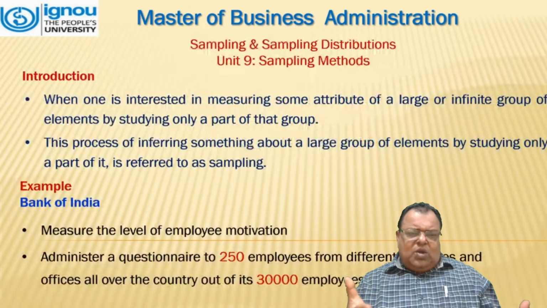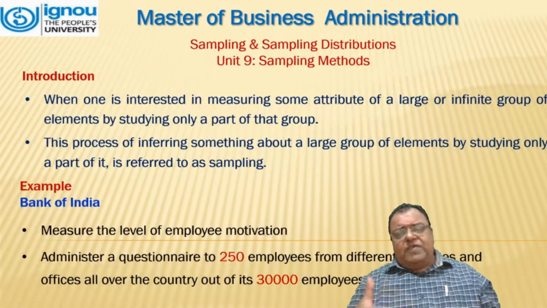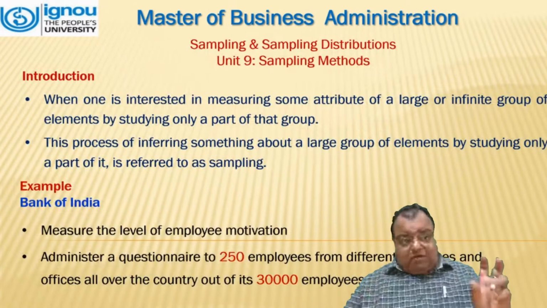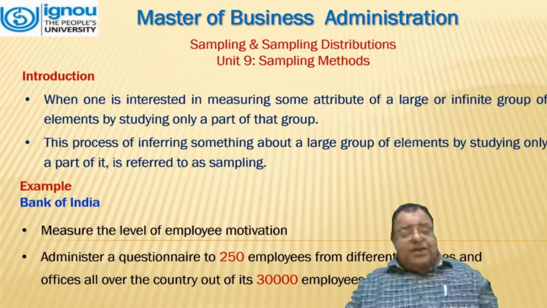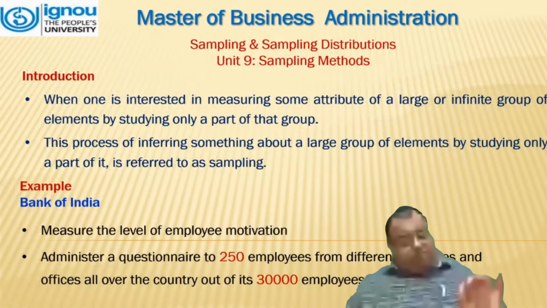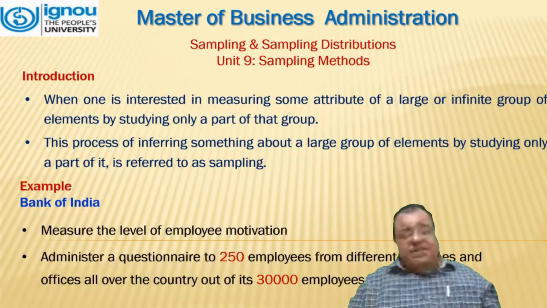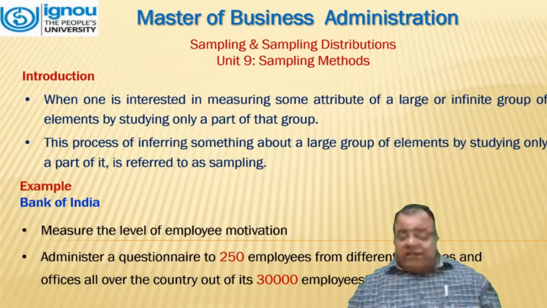Right. One is interested in measuring some attributes of a large or infinite group of elements by studying only a part of it, for which we will be taking a sample from it. This process of inferring something about a large group of elements by studying only a part of it is referred to as sampling.